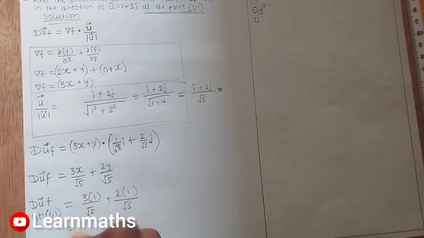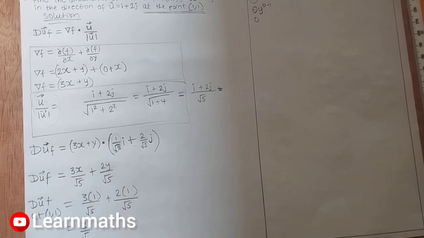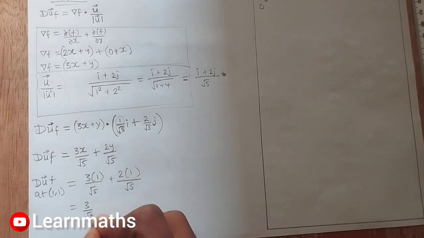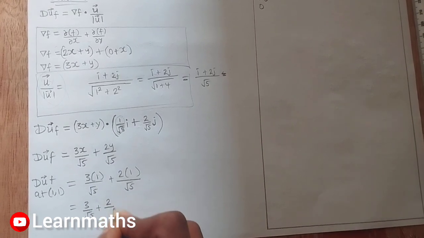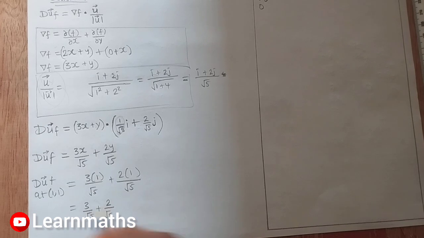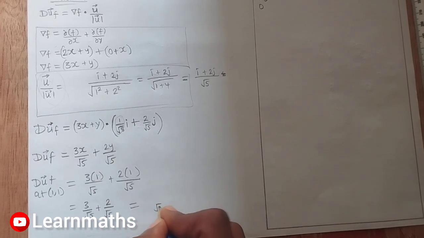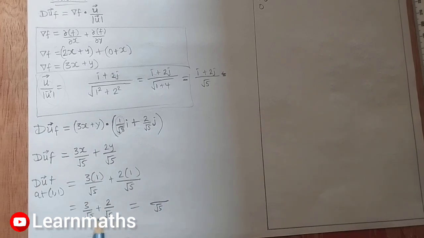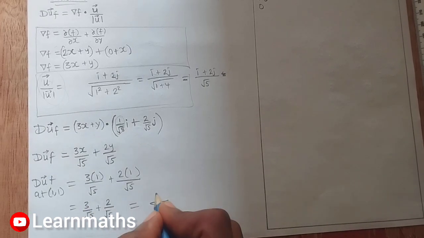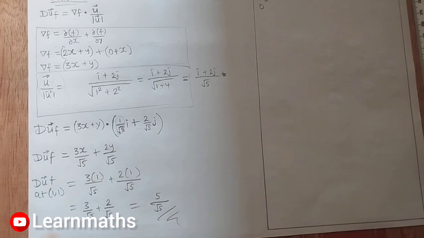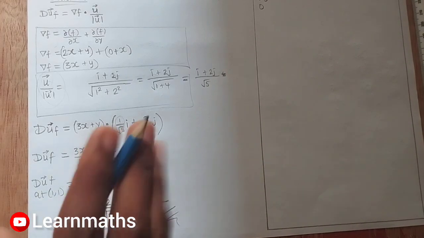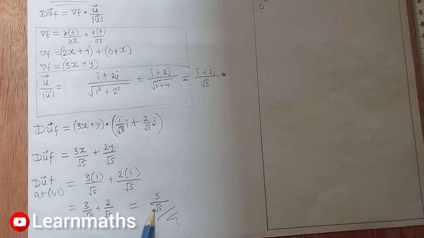You can just add these up to give 5 over the square root of 5, since 3 plus 2 is 5. This is going to be the answer at this point. The directional derivative of this function at the point 1, 1 is 5 over root 5.